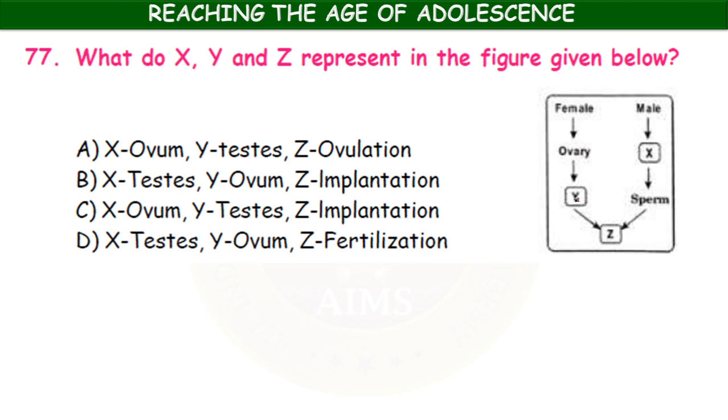Okay, Y is the ovum, and the male reproductive organ is the testis. X is the testis, and here sperm is produced, here ovum is produced. What do you call the combination of the male and female gamete? Fertilization. Z represents fertilization. So X represents the testis, Y represents ovum, and Z represents fertilization. So D is the right answer.